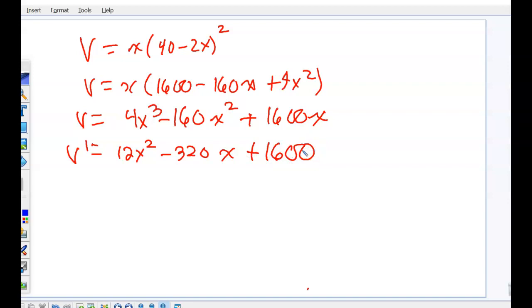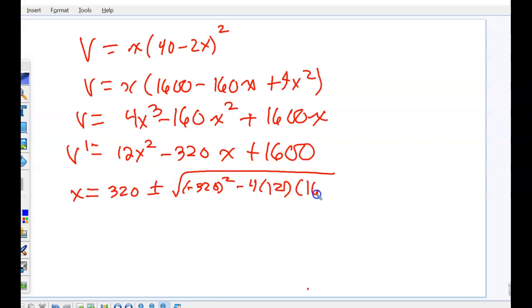So again, now I'm going to solve this, and I can solve it by trying to factor, or I can use the quadratic formula. So if I use the quadratic formula, I'm going to get negative b, and b is negative 320, so it's going to be 320 plus or minus the square root of negative 320 squared minus 4 times 12 times 1600, all over 2 times 12.